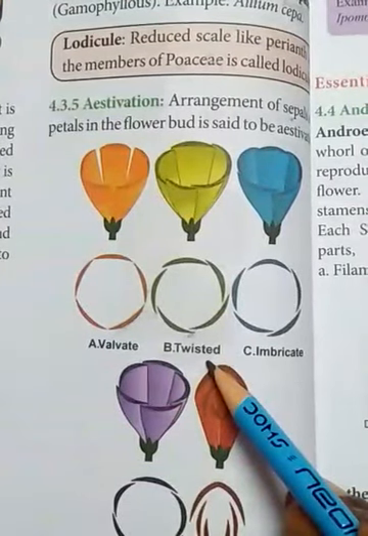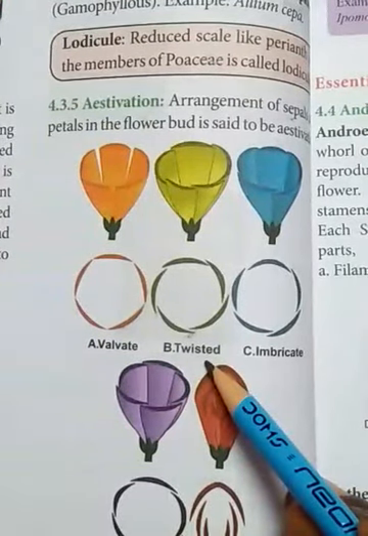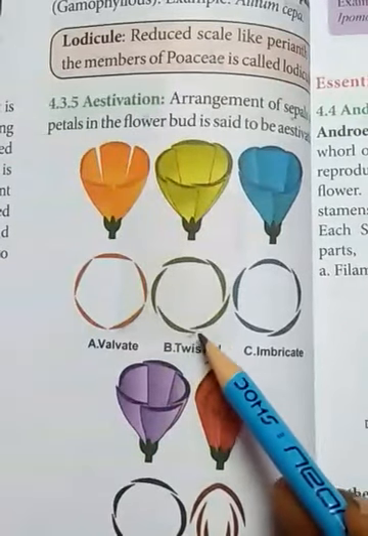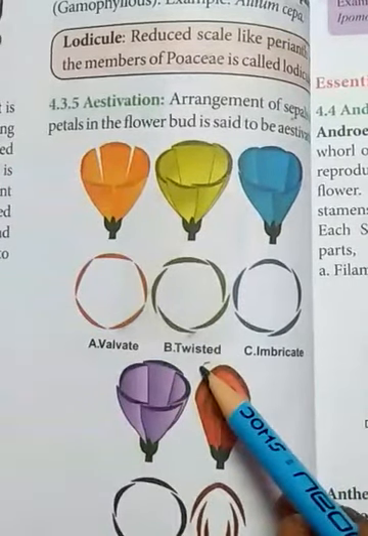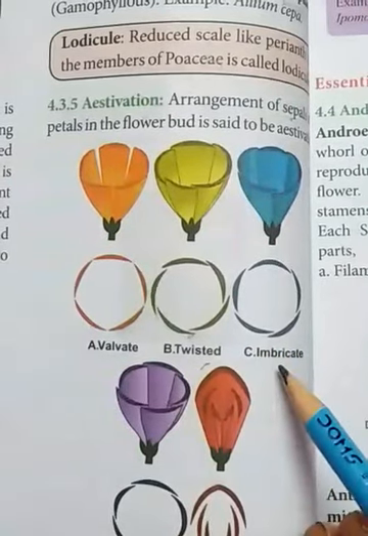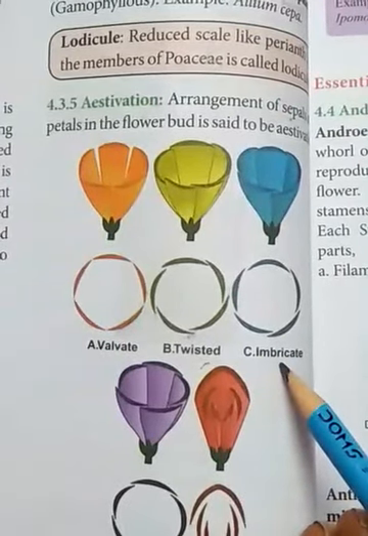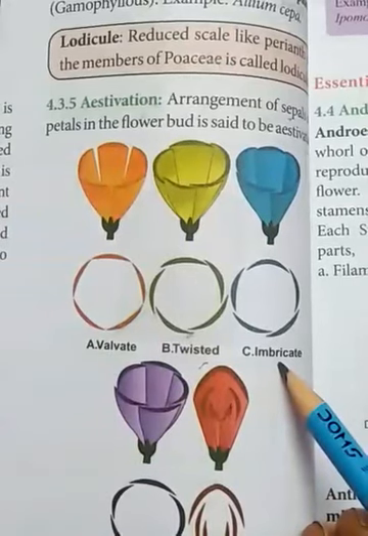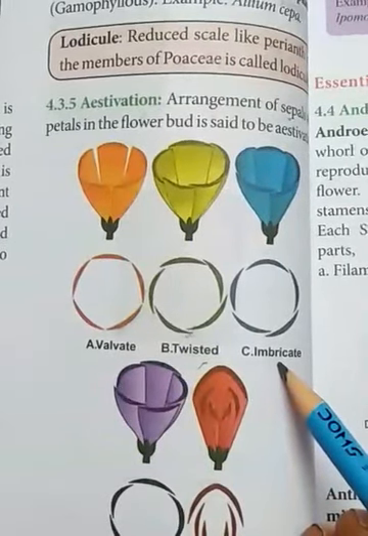So here one margin of each petal or sepal overlaps the other sepal or petal, then we'll call it twisted. Next type is imbricate aestivation. In imbricate aestivation, the sepals and petals irregularly overlap on each other.